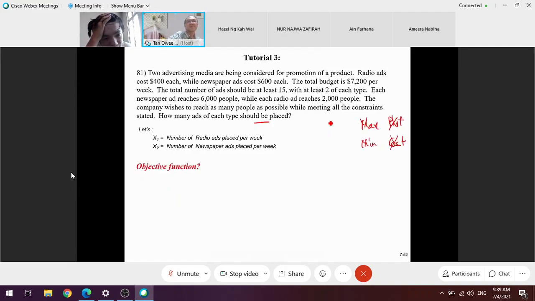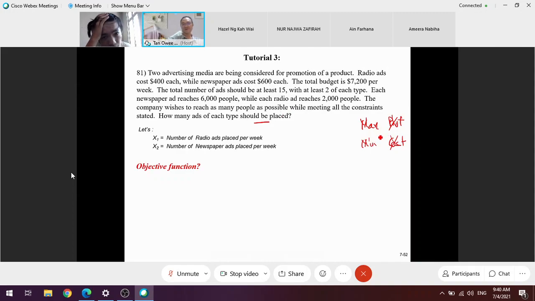Okay, how many constraints are there? One, two, three. This is a bit tricky. Very, very tricky. How many constraints? Before you proceed, think first, I want to recap. The first thing you must take note of is, before this tutorial, all the while we were talking about maximizing profit and minimizing cost.